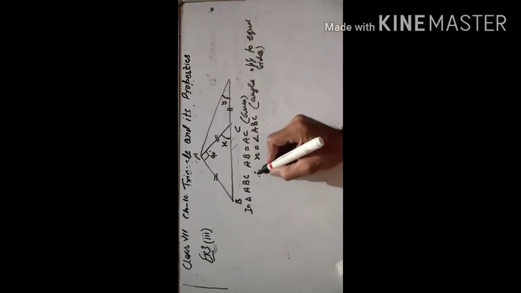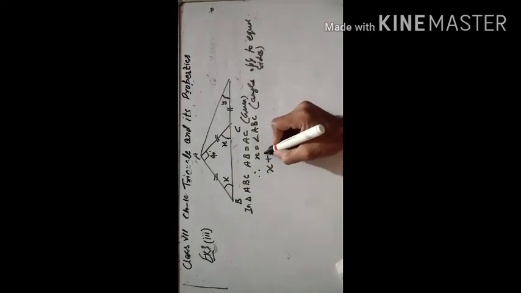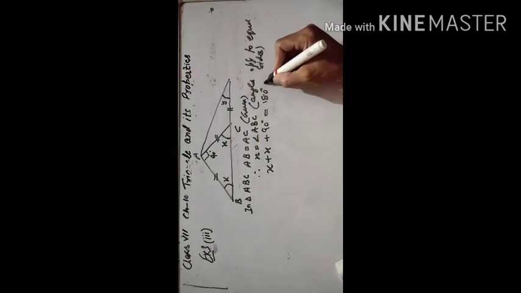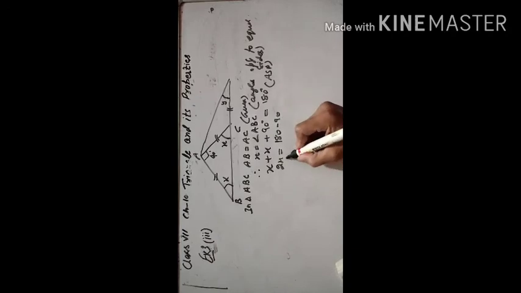Now x, this is also x. x plus x plus 90 is equal to 180 degrees, angle sum property. 2x is equal to 180 minus 90, x is equal to 90 upon 2, that is 45 degrees.